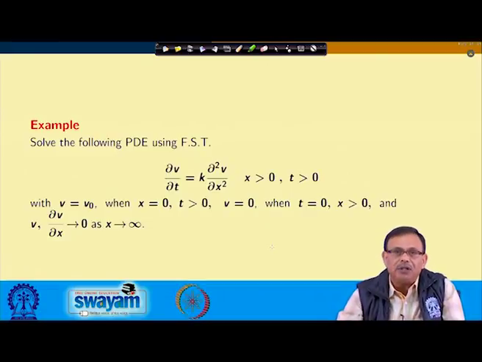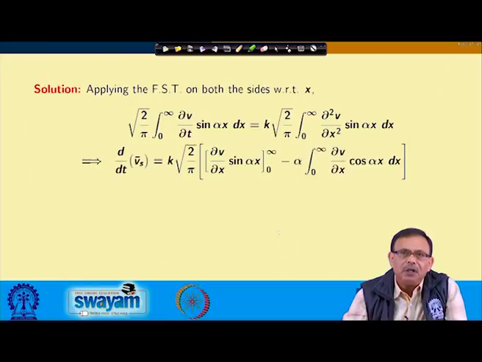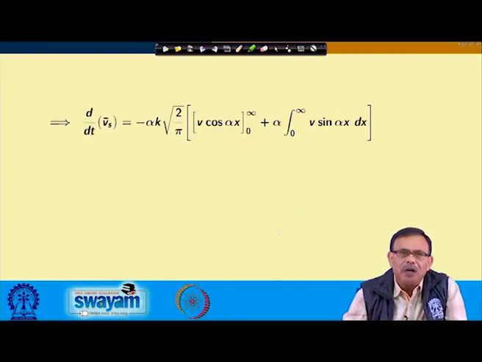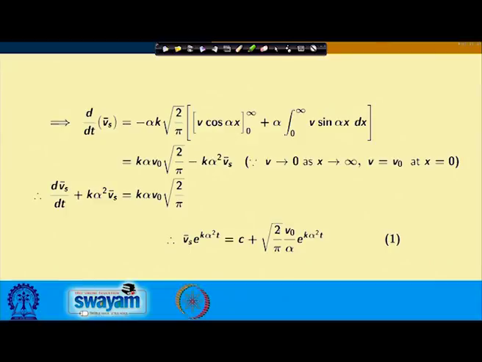Once we are getting this, because the solution process is little different, the initial part is same. By substituting the initial conditions, I am getting the ordinary differential equation as this, whose solution is written as v bar s equals this thing.